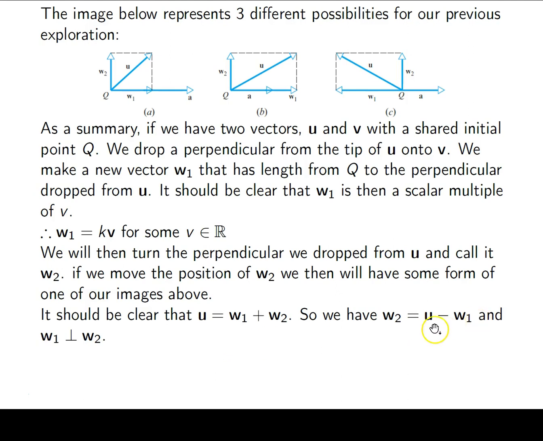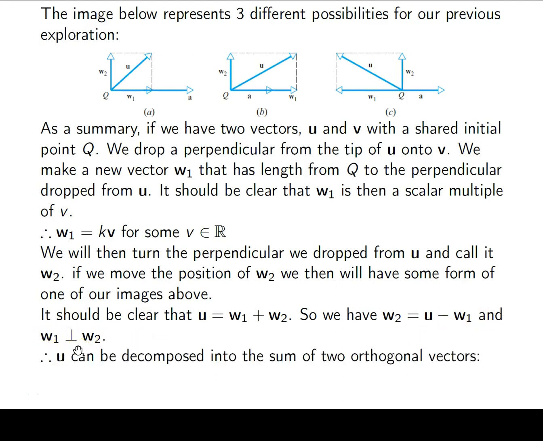And W1 and W2 are perpendicular to each other. So that means I can decompose U into the sum of two vectors where those two vectors are orthogonal to each other. U is W1 plus W2, which is the same as K times V plus W2. This substitution is going to come in handy a little later on down the road.